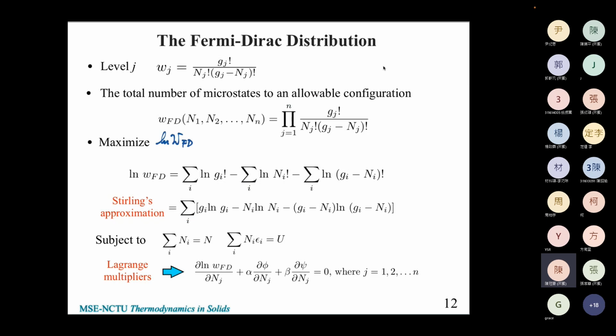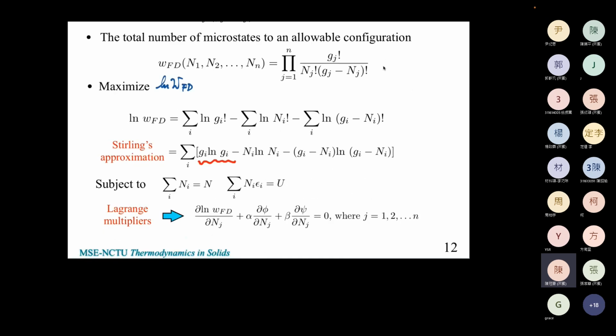Then we need to subject it to the two constraints, sigma Ni equals N and sigma Ni epsilon i equals U. Then one thing we can emphasize here is that Gi natural log Gi is something that we can neglect later.